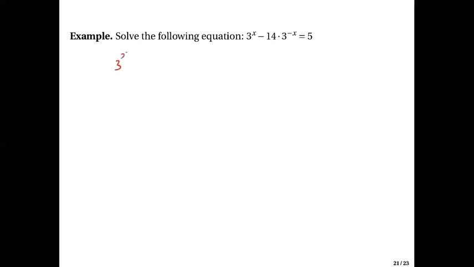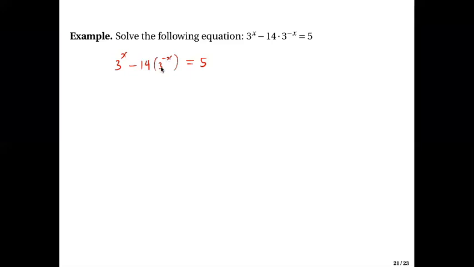So you have your 3 to the x minus 14 times 3 to the minus x equals 5. What we're going to do is multiply both sides of the equation by 3 to the x. That will make this term here disappear.